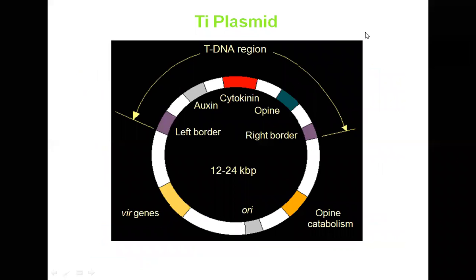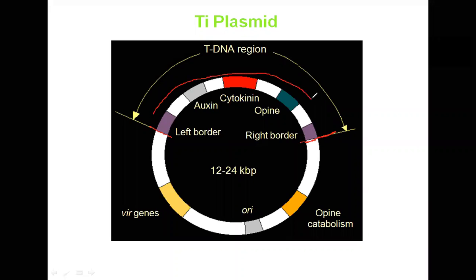So this is the diagram of the TI plasmid. This particular region, from here to here, is called tDNA. This entire plasmid is the TI plasmid.